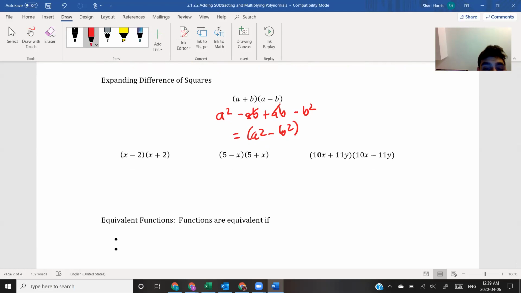So over here, a squared minus b squared, this is x squared. You don't even need the brackets. This is good. X squared minus 2 times 2, minus 4, sorry, because 2 times 2 is 4.